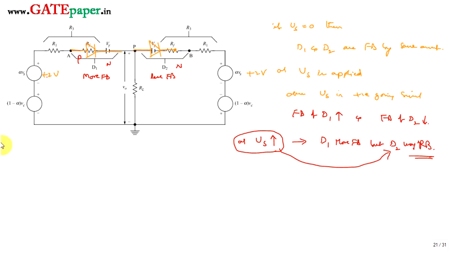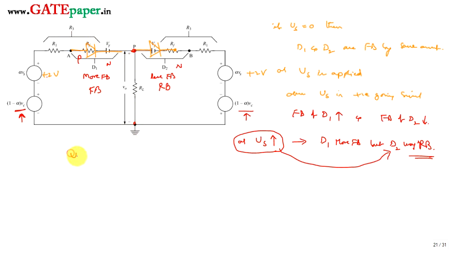So for this, what is the control voltage? For what control voltage and for the given Vs is diode 1 forward biased and diode 2 just entering reverse bias? By that time, the voltage at the output node is going to be the same.